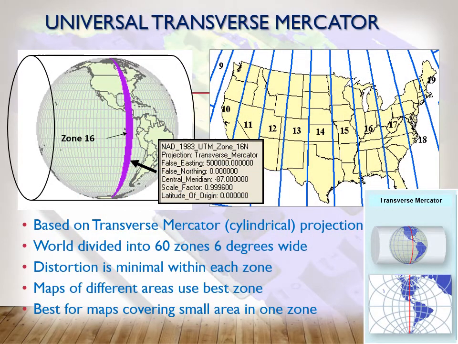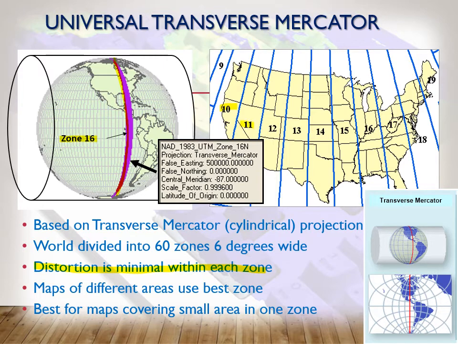So let's talk Universal Transverse Mercator, UTM. Over here, you could see that basically a UTM coordinate system represents a very thin slice of the Earth. And that way, distortion is pretty minimal within these zones. So these zones run north to south.